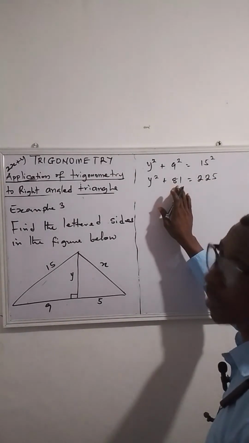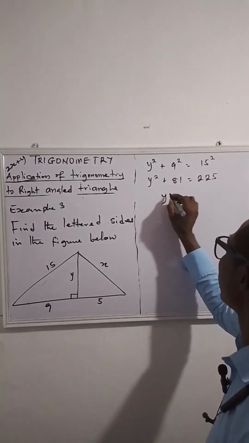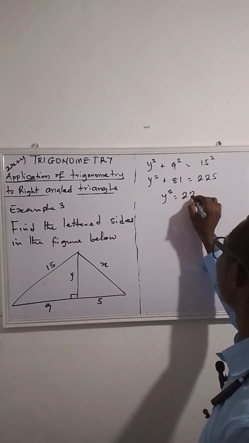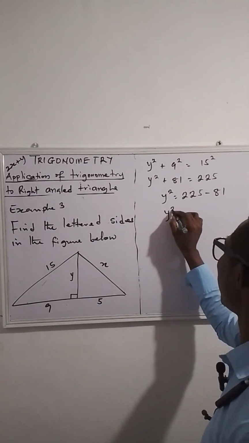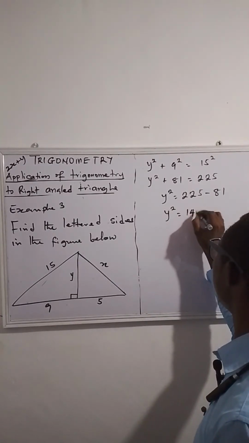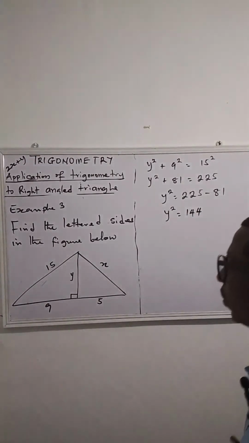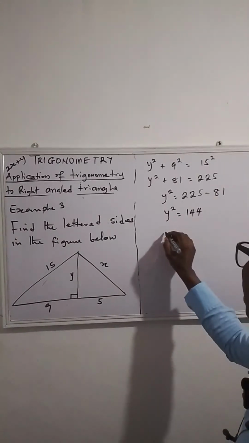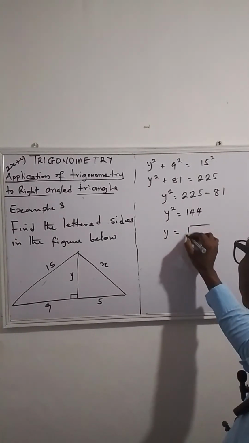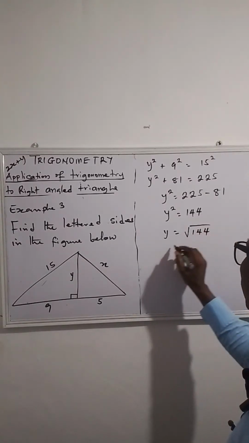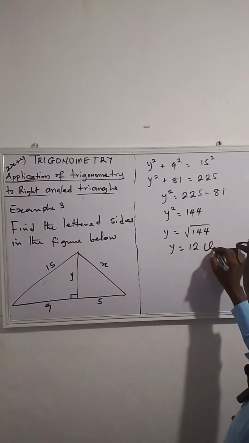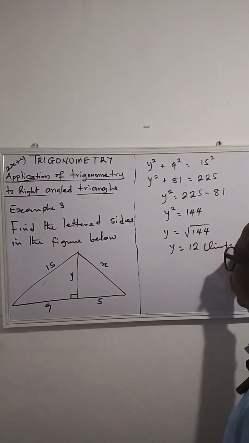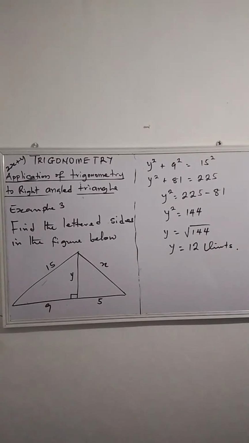Now you transpose 81, so you have y squared equals 225 minus 81, and we have y squared equals 144. So we now have y equals square root of 144, and that gives us 12 units. So that is side y.